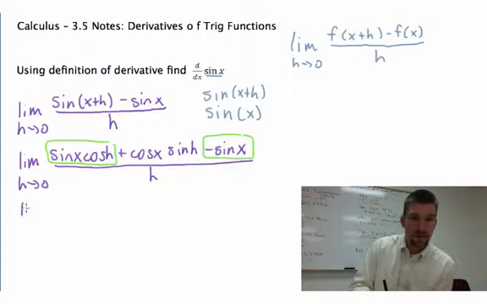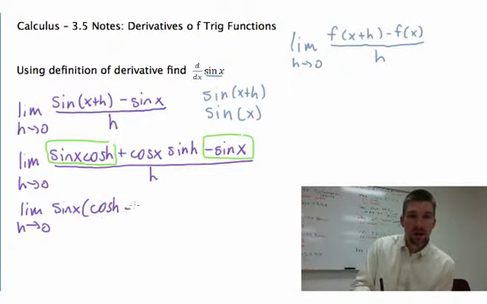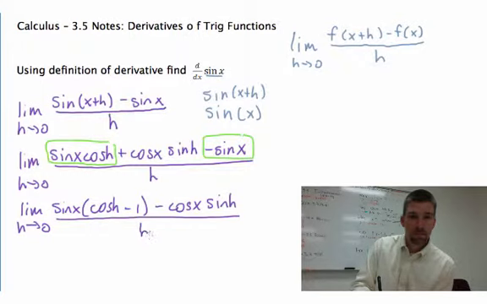So we're going to have the limit as h approaches 0, and I'm factoring out of only the green. So I'm going to have sine x times cosine h minus 1, plus cosine x sine h, all over h. Okay, you with me on that?